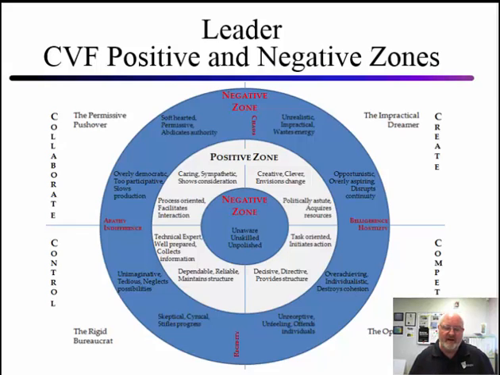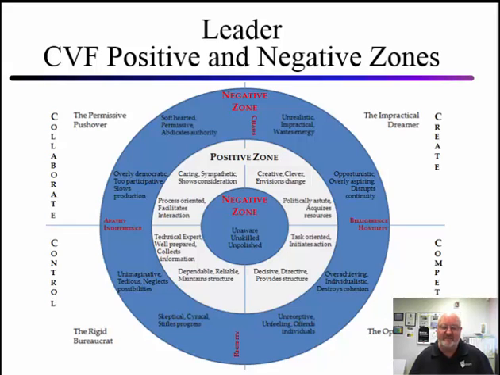But a master manager who is not working to optimum capacity might be in the negative zone, and that's where we can have managers who might be unrealistic or impractical, and they waste energy on not so important things. They can also be opportunistic, overly aspiring, and disrupt the continuity of the organisation. All of these things are bad outcomes from managers who are unqualified in these particular areas of the CVF framework.